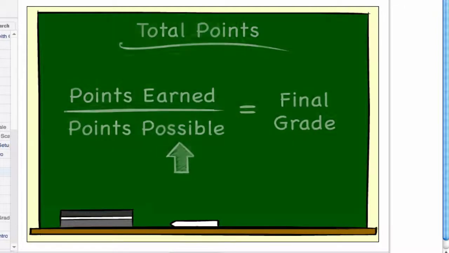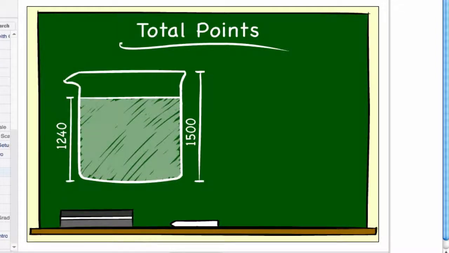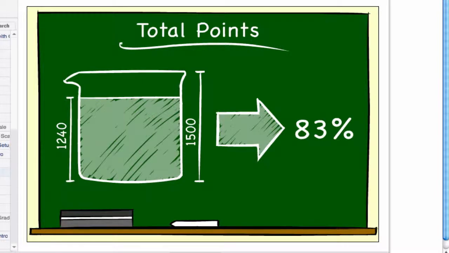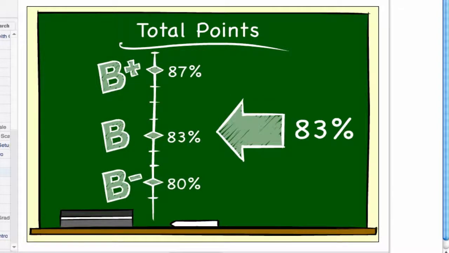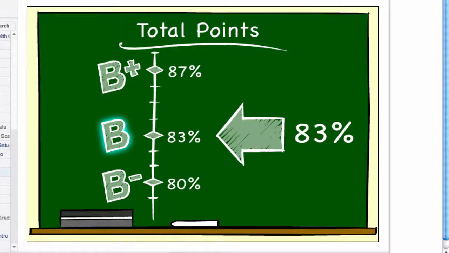Looking at it in the mixing analogy, if a student earns 1,240 points out of a possible 1,500, PowerTeacher Gradebook calculates an 83% for that student. Then the gradebook refers to the grade scale to determine what the letter grade equivalent is. For example, if the grade scale cutoff percent was 80% to get a B- and 83% to get a B, in this case, the student would receive a B grade. Not bad.